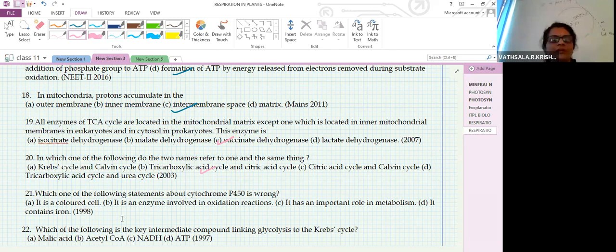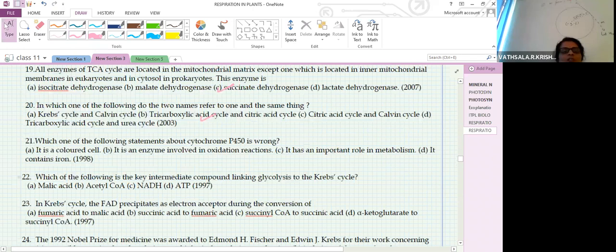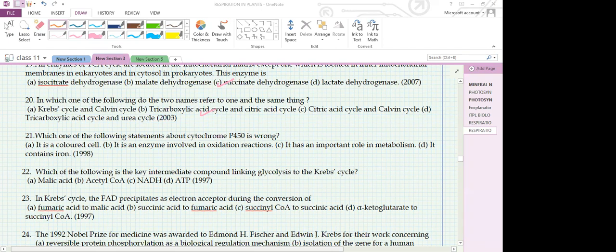Which of the following statements about cytochrome P450 is wrong? What is that P450? What's that cytochrome P450? That's a very crucial question. Anybody? Could you figure out that cytochrome 450? Yeah, anyone?